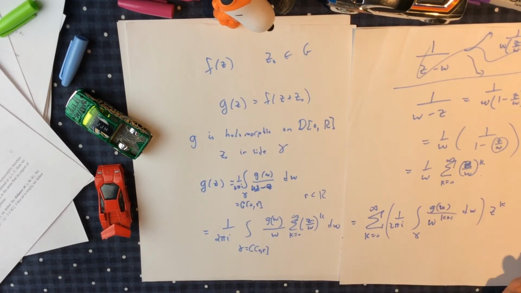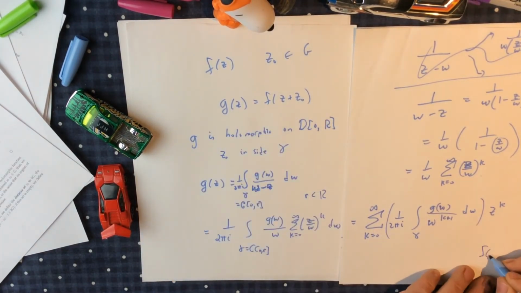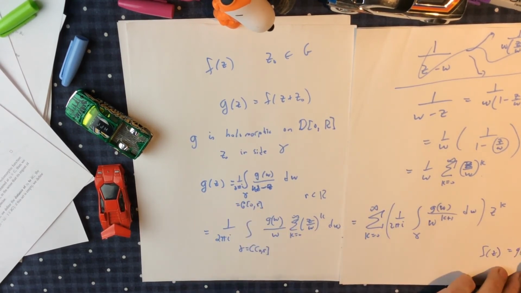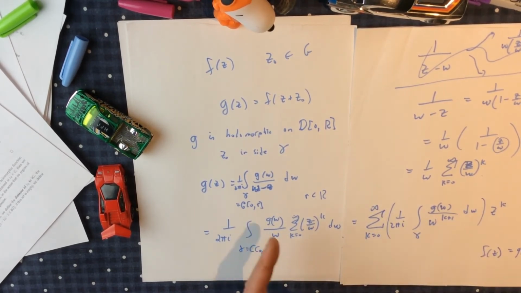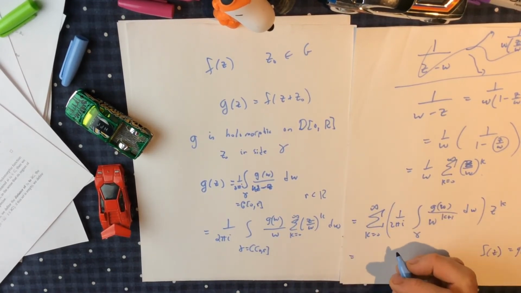If I make the right substitution, I can now go back to the strange fact that f of z is really g of z minus z naught, and I can do a linear substitution here of changing z to z naught. That's all I'm doing.